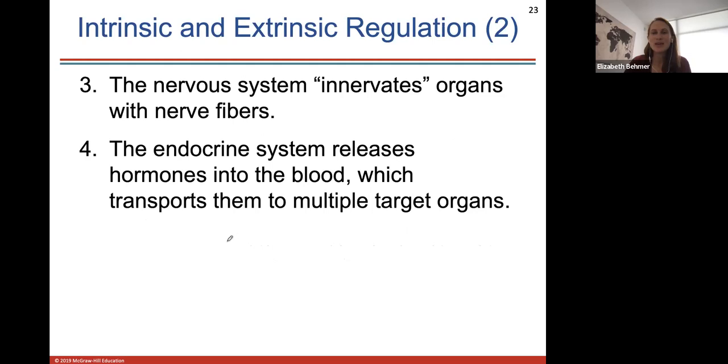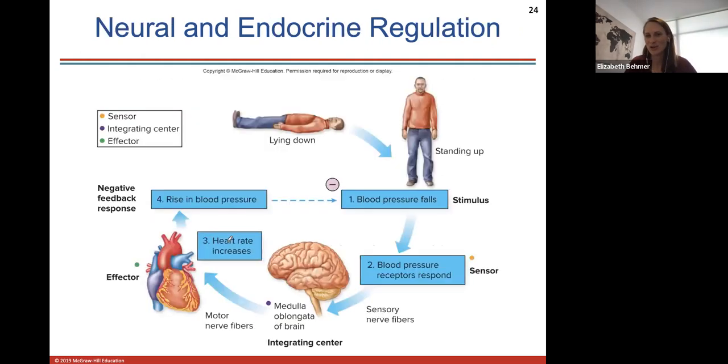The nervous system will innervate all organs with nerve fibers, and the endocrine system will release hormones into the blood, which can transport them to multiple target organs. So this is just looking at how your body is regulated with neural regulation, nervous stimulation from the brain and nerves, and also endocrine regulation, where different hormones will be released to try to keep everything back to normal as well.